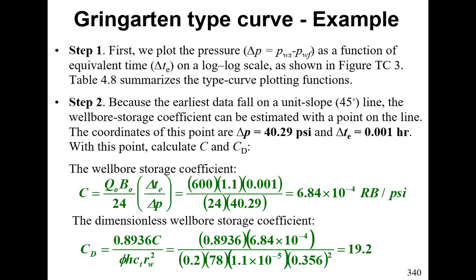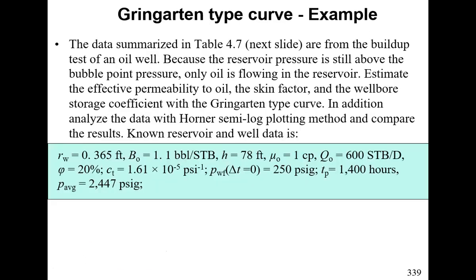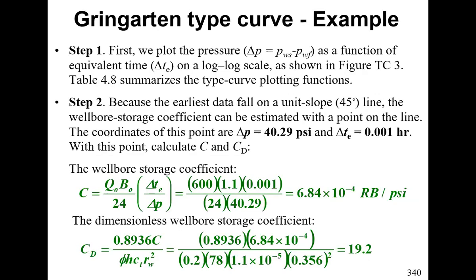Take note, even though this is for a build-up test, this can equally be done for a drawdown test. In fact, in the tutorial set 2 I gave you, the question was for a drawdown test, but the same thing could be done for the build-up test.